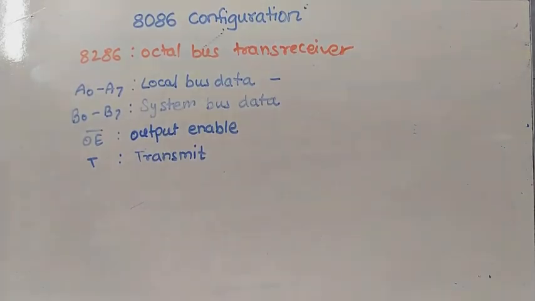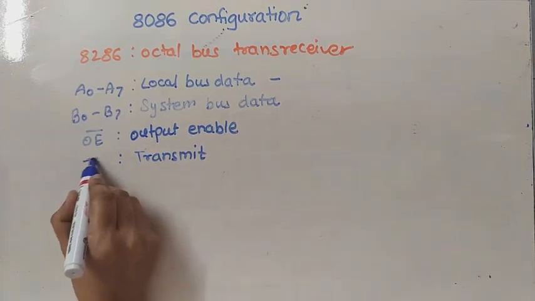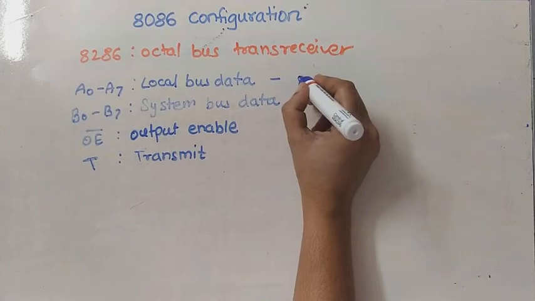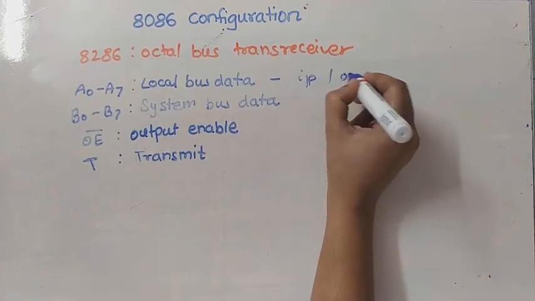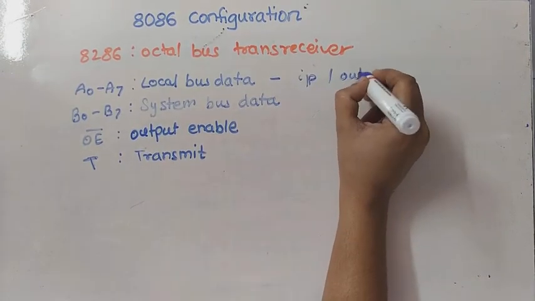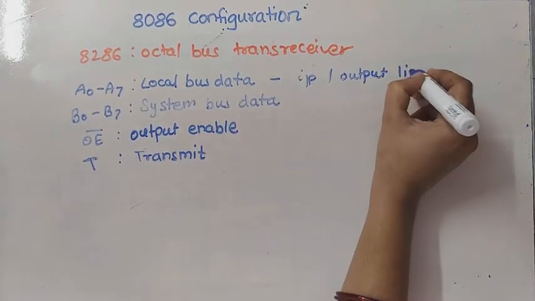So A0 to A7 are local bus data. These 8 lines are called local bus lines or data lines, and they can act as input lines or as output lines depending on the status of the transmit pin. Depending on this T pin, these act as either input or output lines.